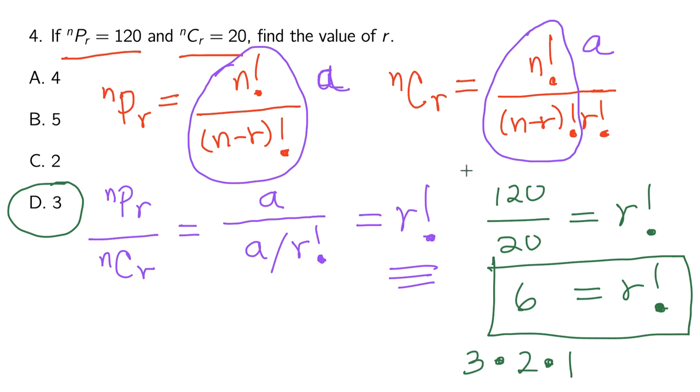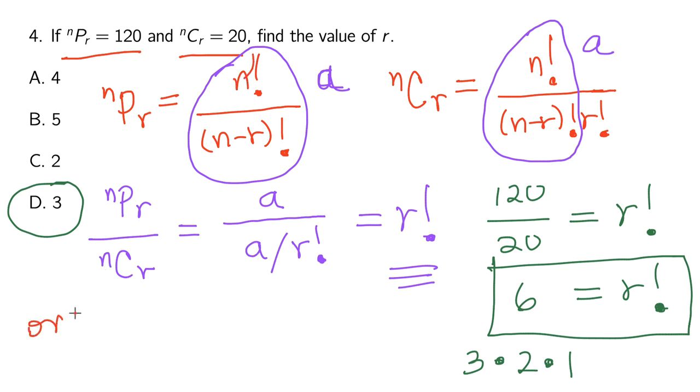So this is one way of doing it. Another way of doing it would have been to ask, what's the real relationship between NPR and NCR? And the relationship is that NPR is the number of permutations of R objects out of n, while NCR is the number of combinations. And in permutations, we care about the order.